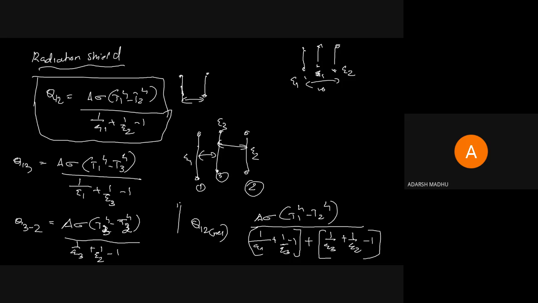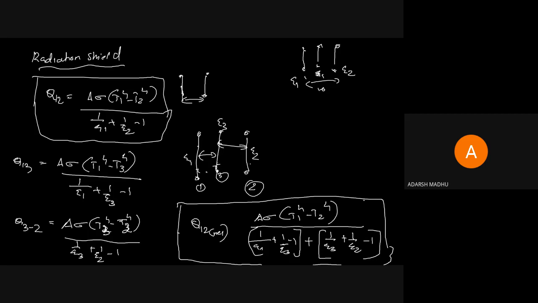Okay, this is our net heat transfer equation if there is a radiation shield. If there is a radiation shield between them, Q1 to 2 net equals the T1 to T2 term divided by the emissivity values in the denominator, that is, the first case plus the second case: 1 by epsilon 1 plus 1 by epsilon 3 minus 1, plus 1 by epsilon 3 plus 1 by epsilon 2 minus 1.